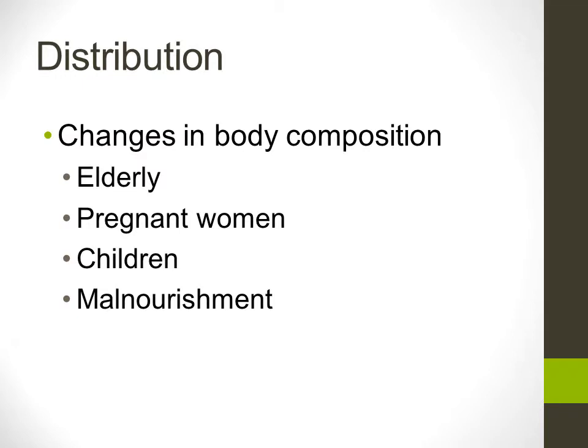For children, you know that their body fat composition is different from adults, so is the elderly. The malnourished patients not only have changes in body fat composition, they also have changes in plasma proteins, like their albumin may be low, and that may affect medications that are protein bound.